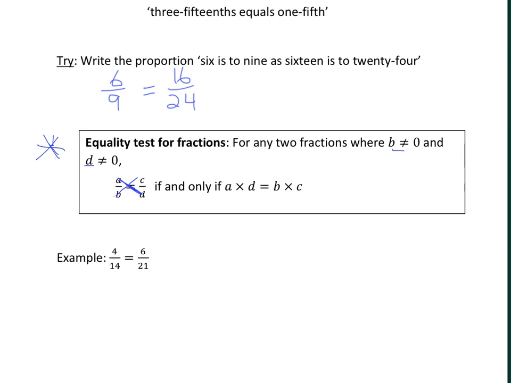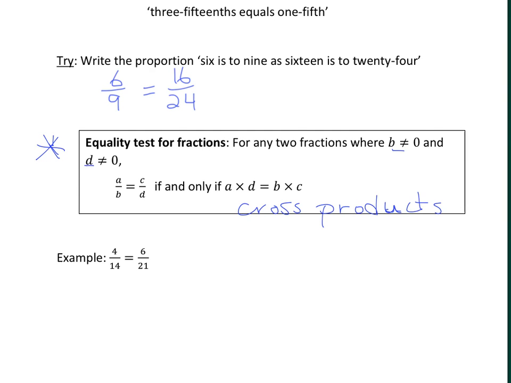These are called cross products. Remember that a product is the result of multiplication. So if the cross products are equal, then the fractions or ratios are equal to each other.